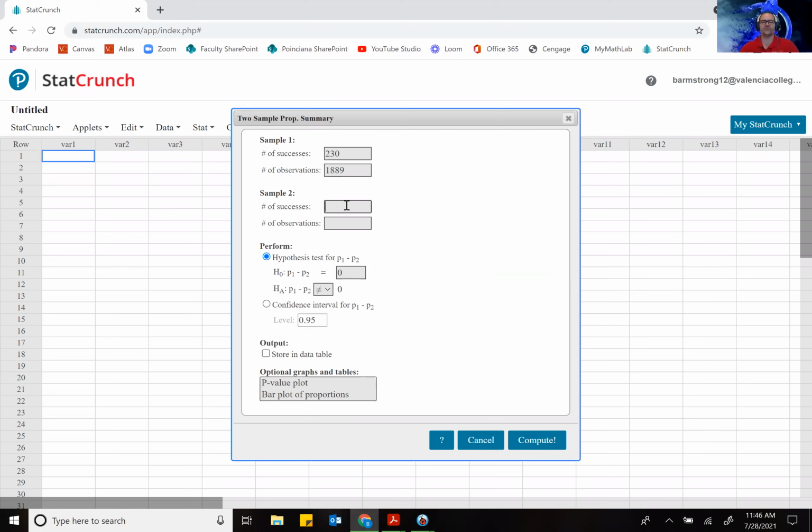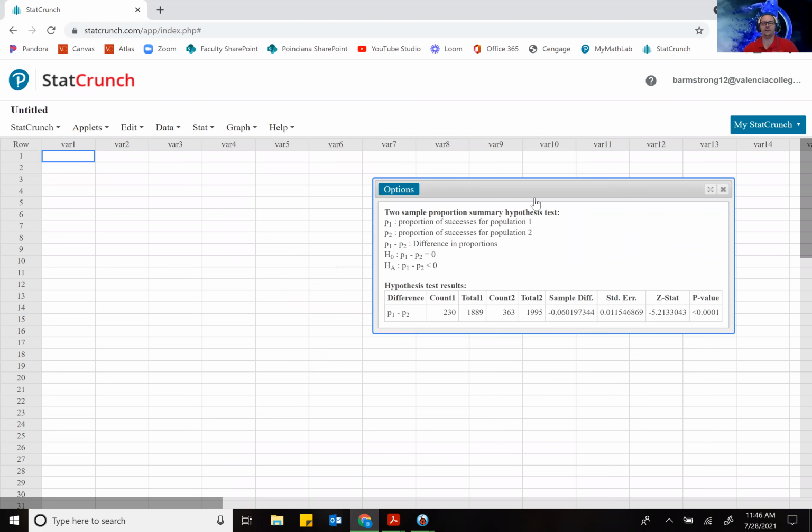How many successes for 2018? 363. And out of how many? 1995. Correct. And because we're saying they're equal, don't change this. Now my sign, which sign am I going to use? Less than. The less than. Compute. Okay.